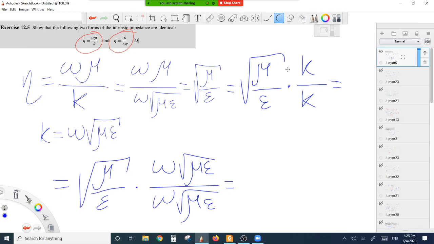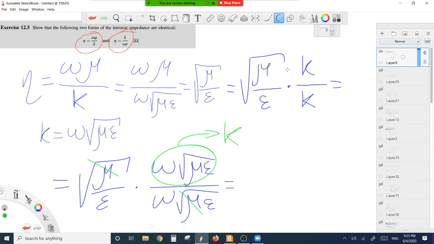Okay. So this one is equal to k, and what about the denominator? Square root of mu simplifies.